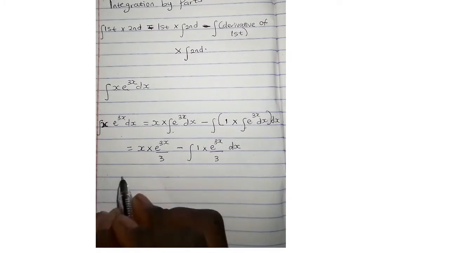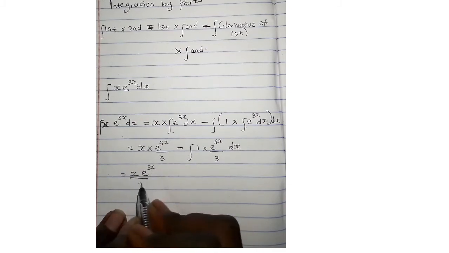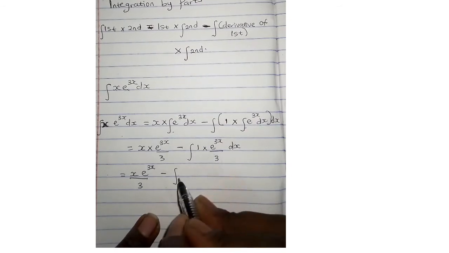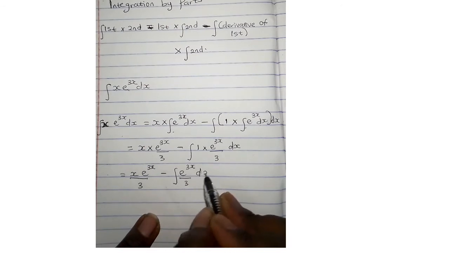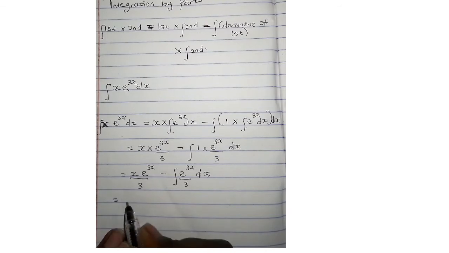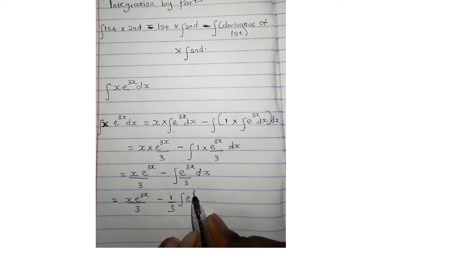So we have x exponential 3x all over 3, subtracting, you can write this as 1 over 3 times the integral of exponential 3x dx.